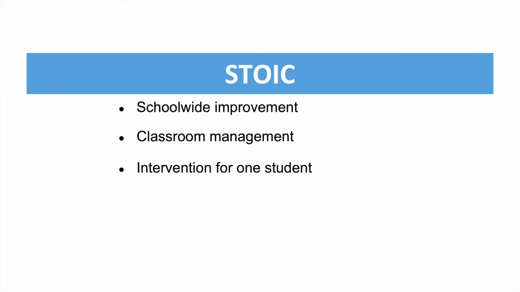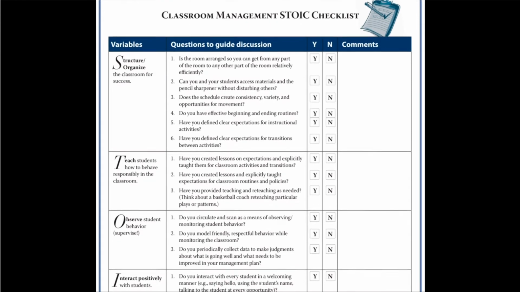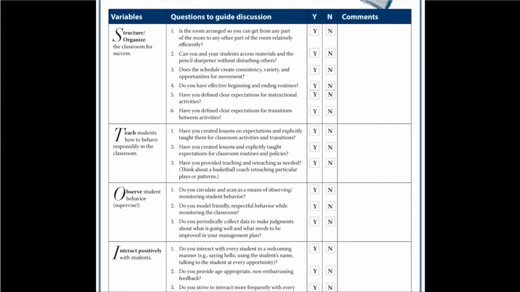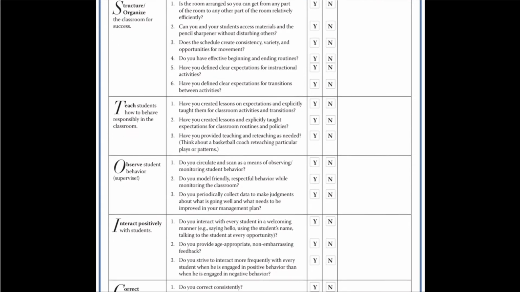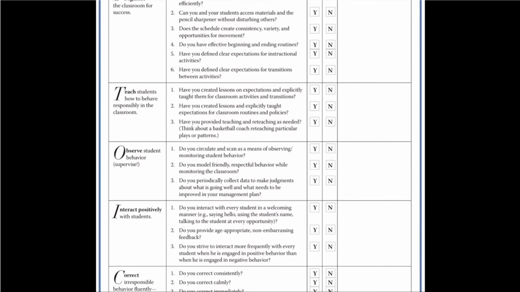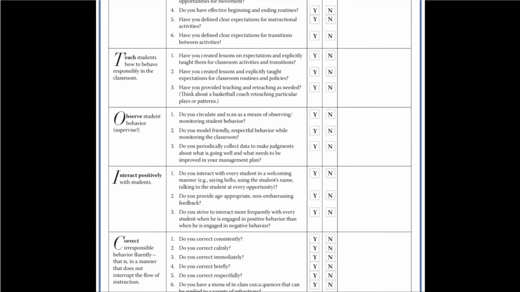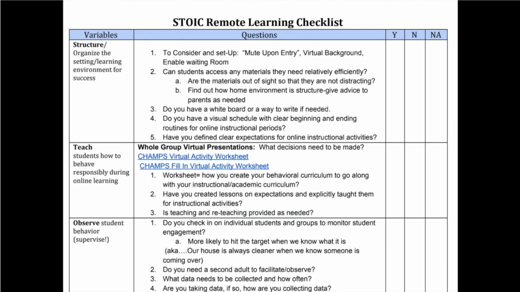A great way to determine which areas of the framework could be better in your classroom is to use the STOIC checklist. This can also be modified for remote learning.